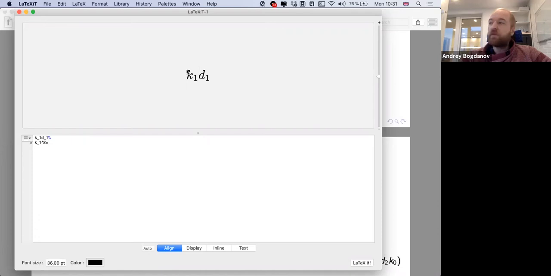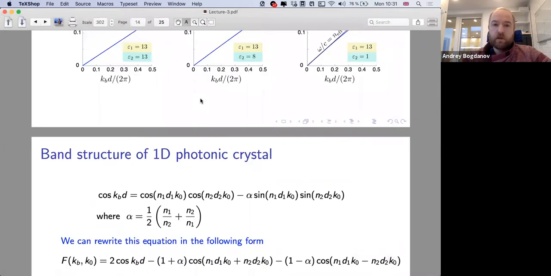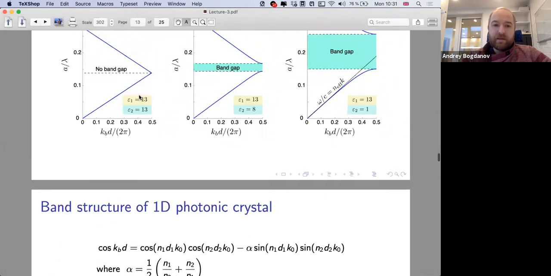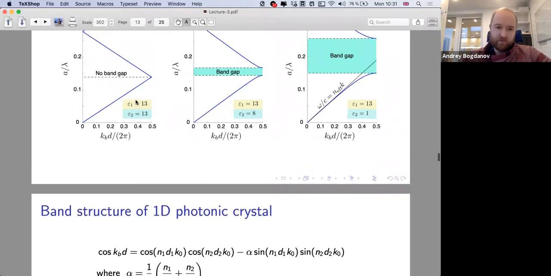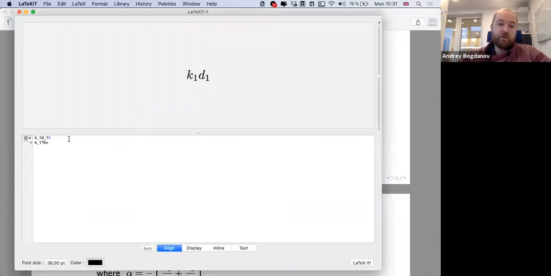What is the physical meaning of k1? k1 is just the z component of the wave number inside layer 1. It's the wave number in the material with permittivity epsilon 1.